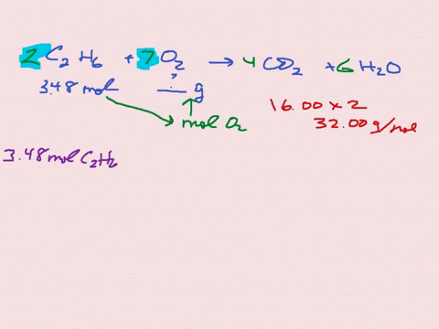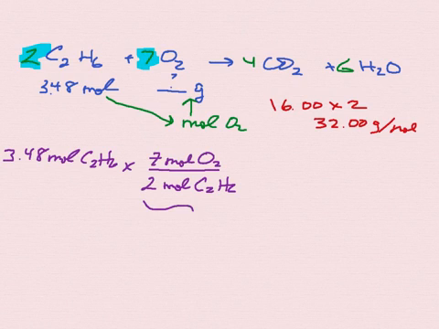With that, I can find how many moles of oxygen that will be equivalent to by using the mole ratio, by using the stoichiometric coefficients. On the bottom, what I want to get rid of is moles of ethane. The number in front is 2. So 2 moles of ethane that came from the equation will make, or use up in this case, because it's a reactant, 7 moles of oxygen. And this step is the mole ratio.